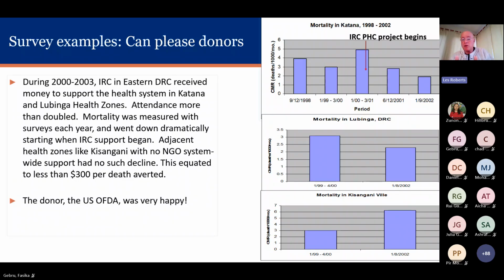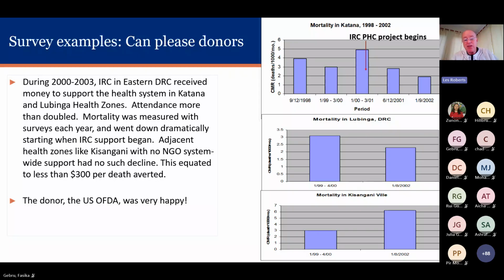And lo and behold, mortality went down in our health zones by a lot, and clinic attendance went up by a lot. And the bottom little graphic there is the city of Kisangani, which is right across the river from Lubunga, where we were providing health services for free. And there and in all of South Kivu, where the top graphic was, mortality actually went up from 2001 to 2002.